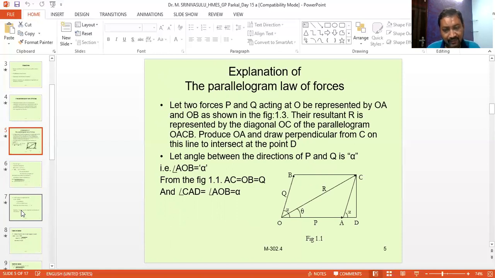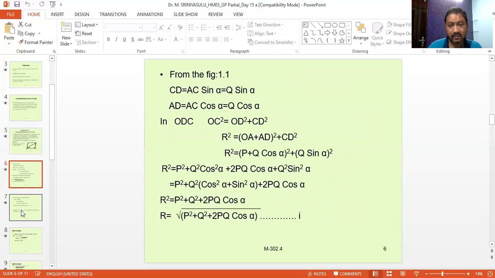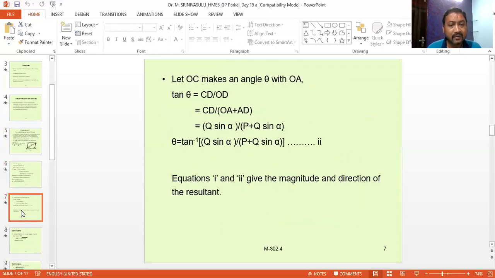CD we know is Q into sin alpha. OD is nothing but P plus Q into cos alpha, so we have to substitute. So tan theta is equal to CD by OD, and this OD is again OA plus AD. We know all the values: the OA value, AD value and CD value.